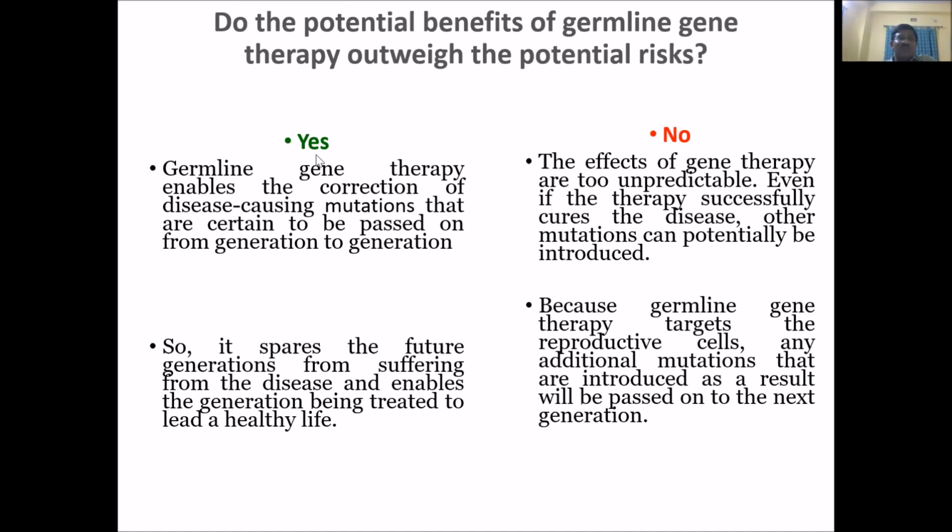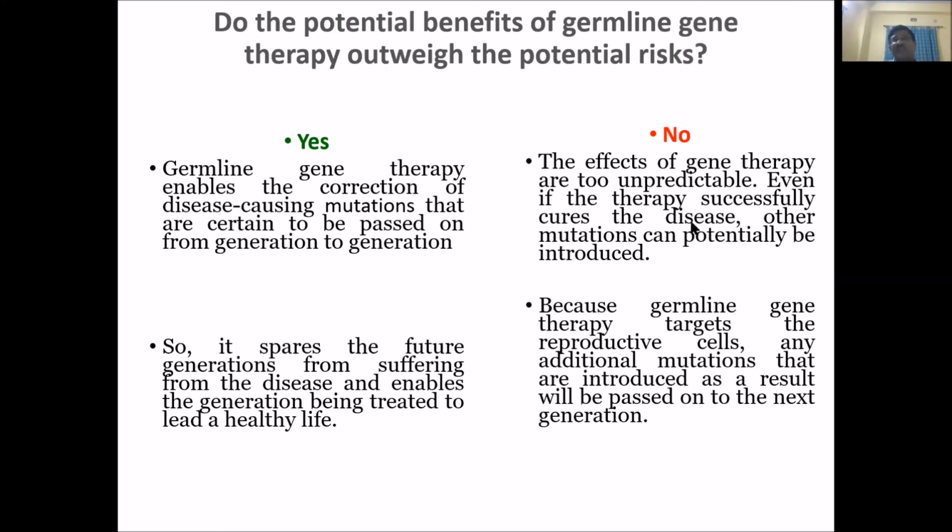In favor of germline therapy: it enables the correction of disease-causing mutations that are certain to be passed on from generation to generation. So this is the only way to treat diseases which pass from generation to generation, and it also spares future generations from suffering from the disease.